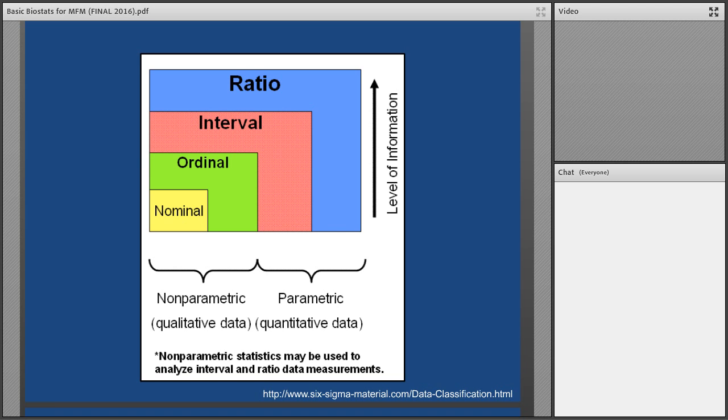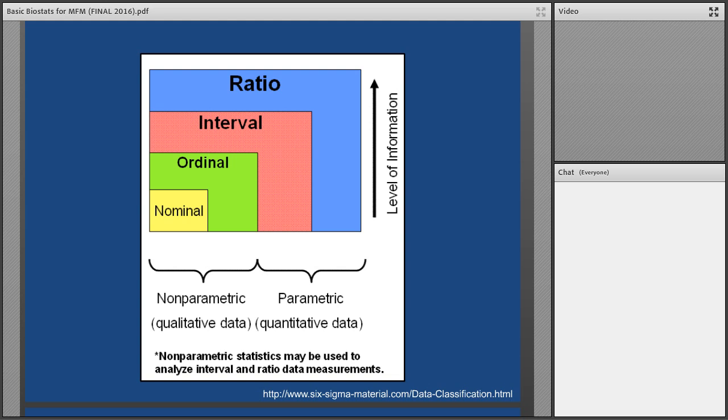But this is qualitative data, and it's not numeric or continuous data, and it's a little bit harder to analyze with numeric statistical analysis. So we usually have to apply non-parametric statistics to nominal and ordinal data.